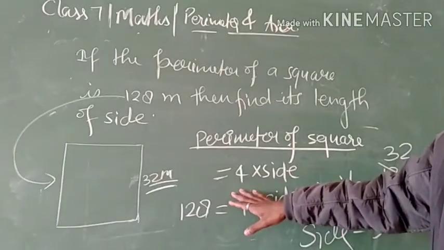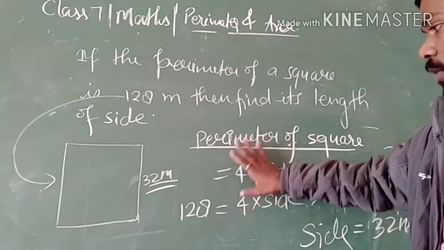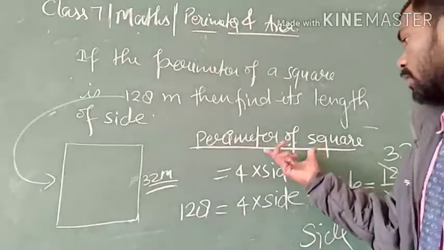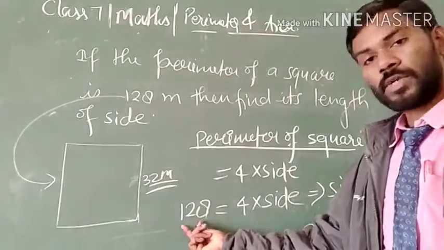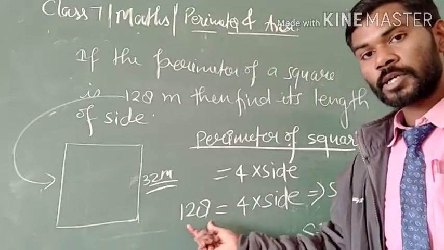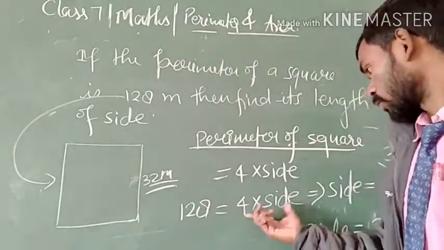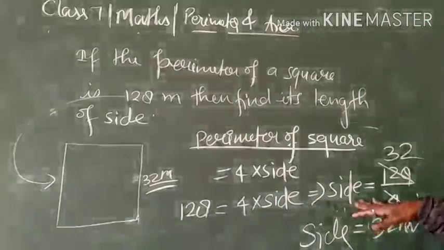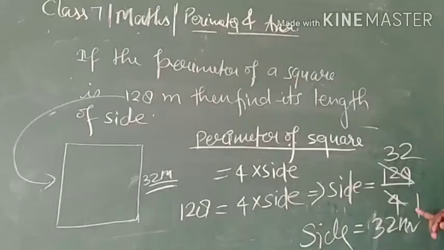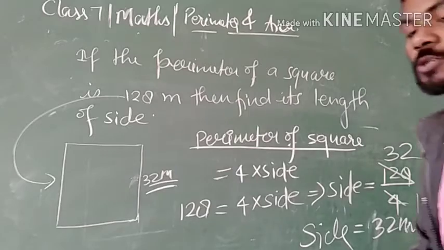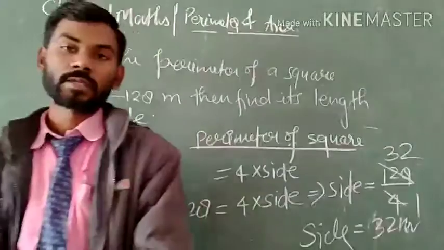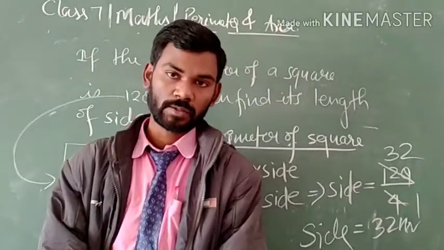So here we shall apply this formula in order to get the solution. Perimeter is given, and this is 128. 128 will equal 4 into side. So from this we can find side is equal to 128 upon 4, which will give us 32 meter as the solution of the given square.